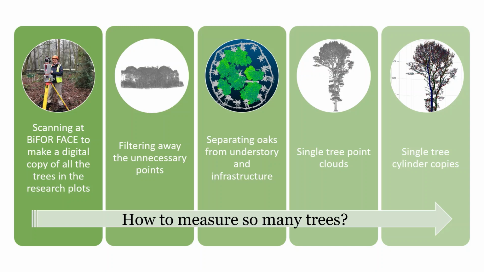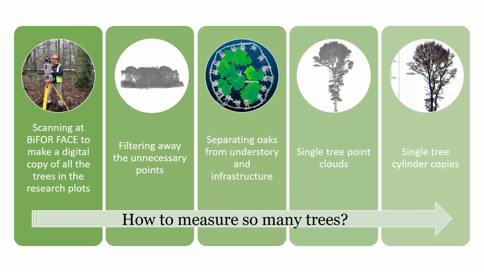After I made the scans, I filtered away the unnecessary points that were too far out of the treatment effect zone. I separated the oak trees from the understory trees and the infrastructure. And what I end up with are single 3D point clouds.